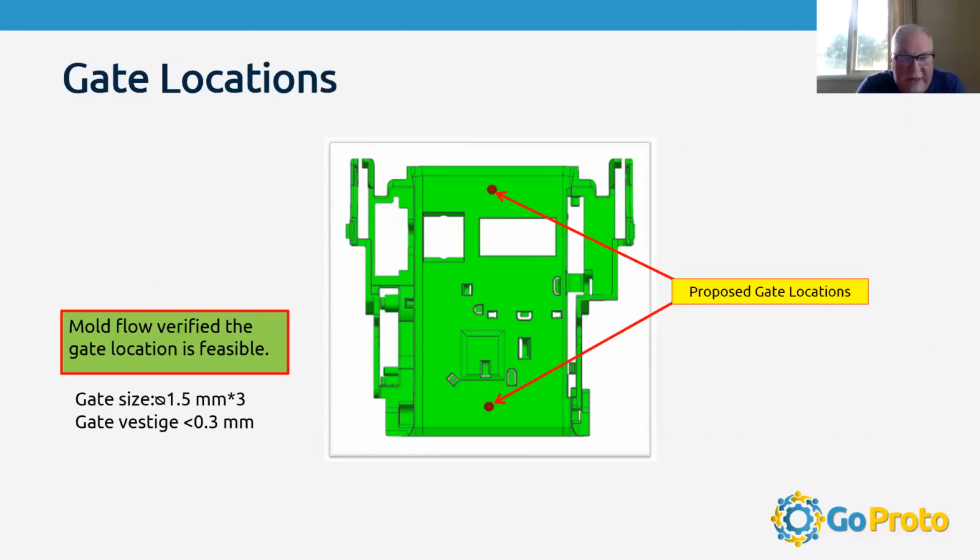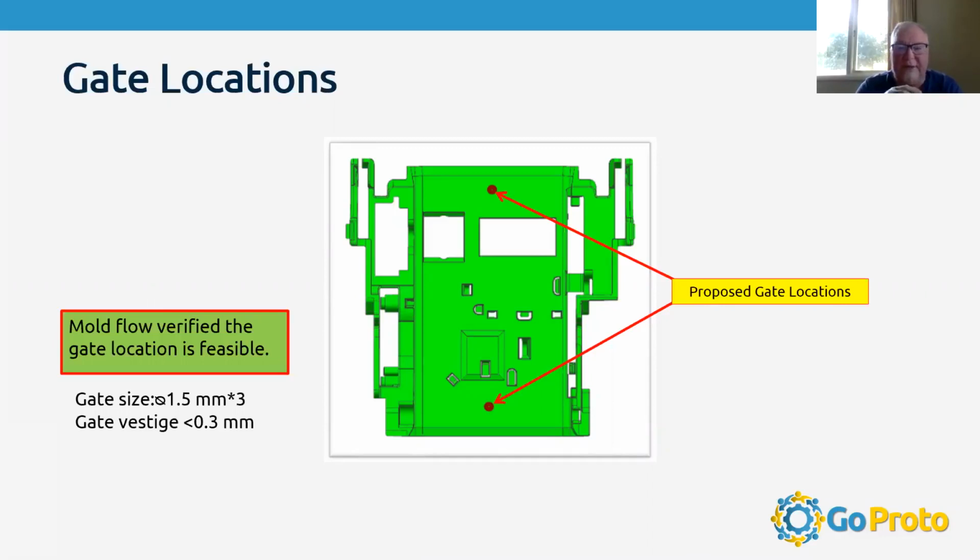So now with the gate locations, we're going to show you how we're going to fill the tool. The gate is basically just that. It's a gate, an opening that the material flows through, and it goes into the void in the tool to form the part. And in this instance, with the size of this part and the geometry of the part, you'll see the node over there to the left that says Moldflow verified the gate location, which is pretty important.